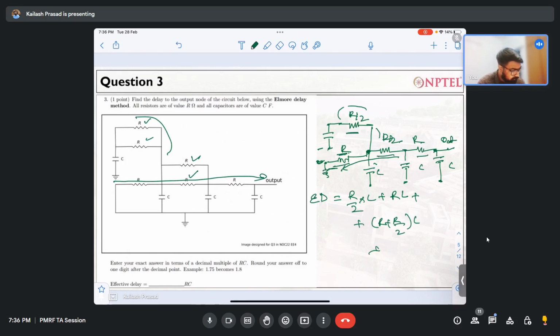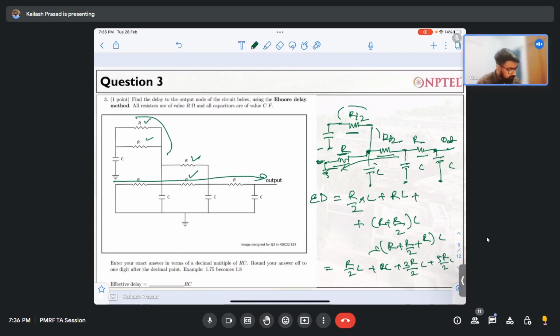So this will be R plus R by 2 plus R times C. If you calculate over here, this will be R by 2 C plus RC plus R by 2, 3R by 2 C plus 2R, 4. So this will be 5R by 2 C.